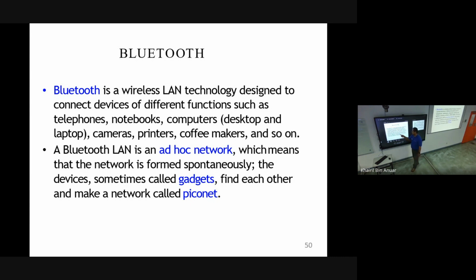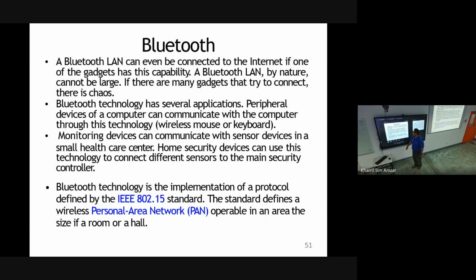Okay, and it's sometimes called gadgets, and also called Piconet. Right, so it can extend to internet connectivity. Okay. If you have one of it being connected. And again, as it mentioned, it's the 802.15 standard, and it is called personal area network.